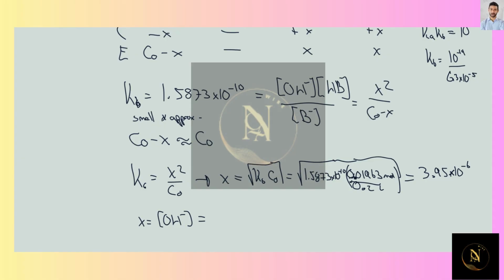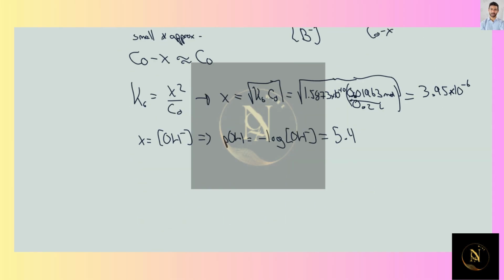So we can calculate the pOH, which is minus the logarithm of this concentration, which is going to give us a pOH equal to 5.4. And since pH is equal to 14 minus pOH, we're going to get a pH equal to 8.6. And this would be our pH at equilibrium.